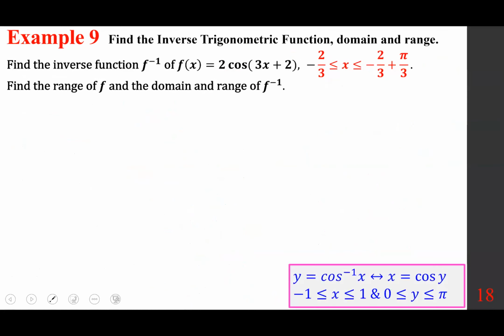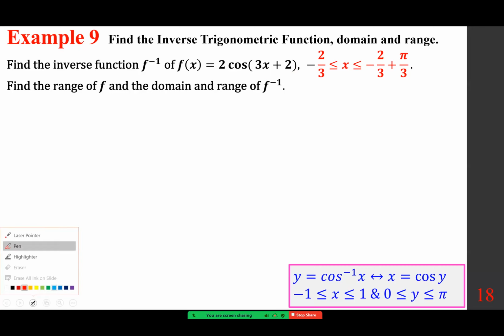Here's another example where f of x is given as 2 cosine of 3x plus 2.